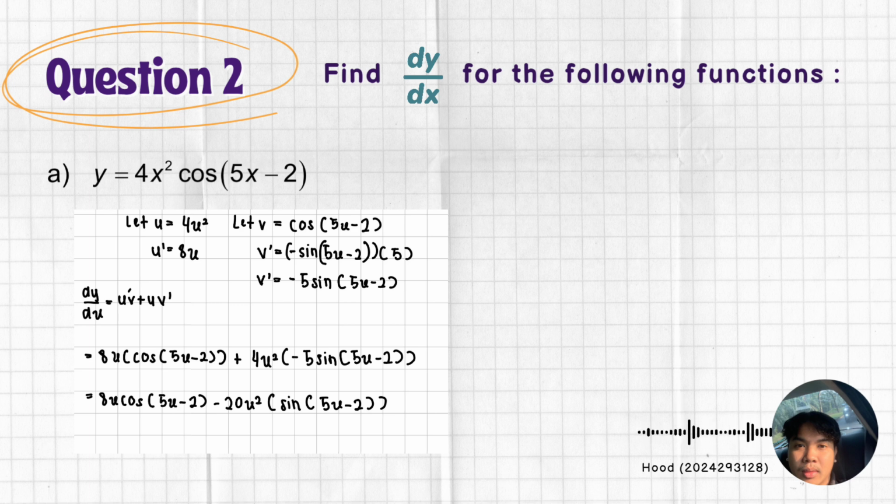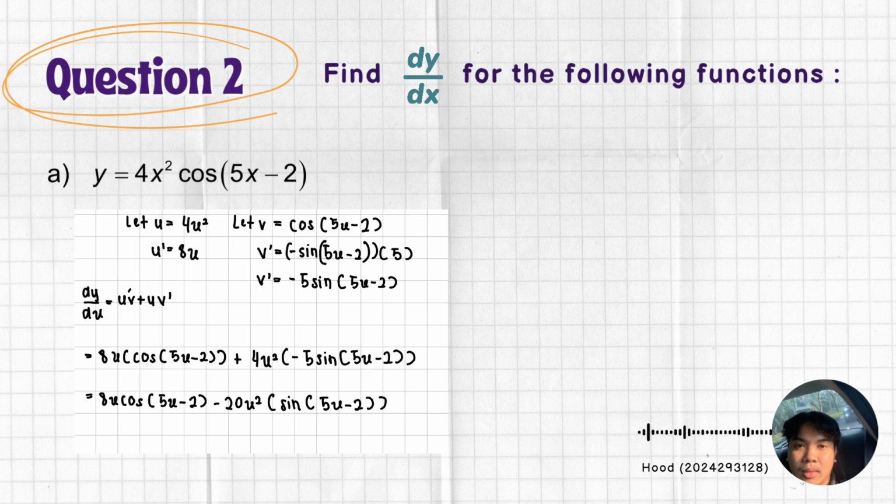After you find u and v, you need to find the u prime and v prime for it. So use the differentiation technique: 4x^2 becomes 8x, and v prime from cos(5x - 2) becomes negative 5 sin(5x - 2).